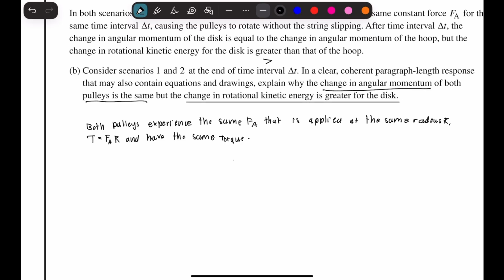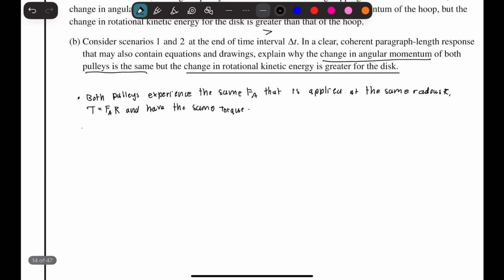We also know that you have the same angular impulse, which means that you will have the same change in angular momentum. So we know that the formula for angular impulse is delta L is equal to torque times delta t, change in time.